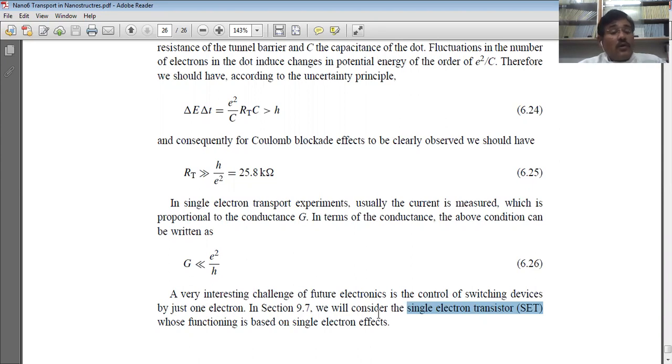In place of that, if you put a single electron transistor and it requires only one electron, then the battery will last for more than 10 years once you charge it. So these are the advantages we get from nanoelectronics devices.